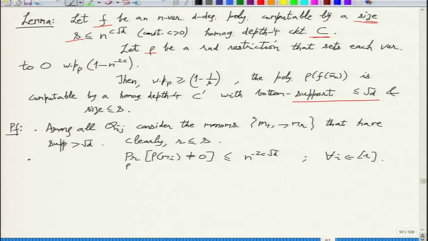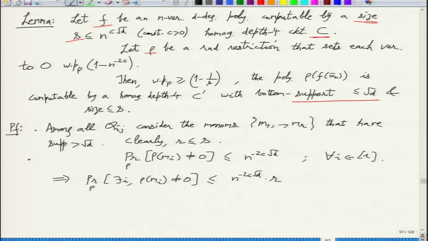Is that clear? So now what is the probability that there exists an i such that Mi was not set to 0 by rho and is bad? That is less than or equal to this probability times R, by the union bound.